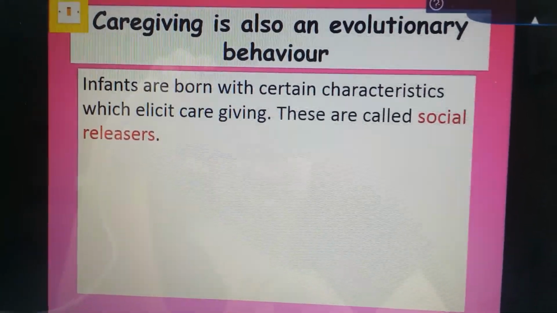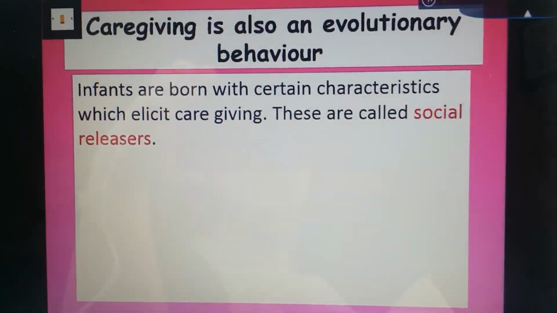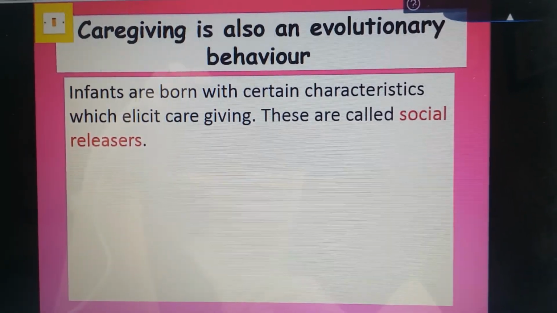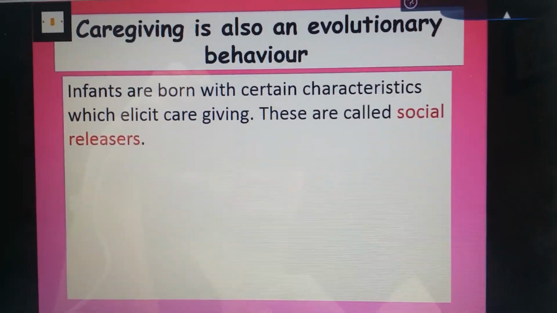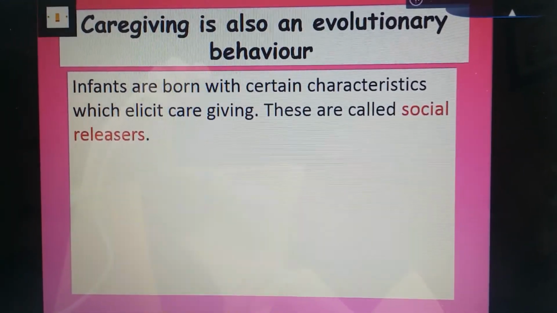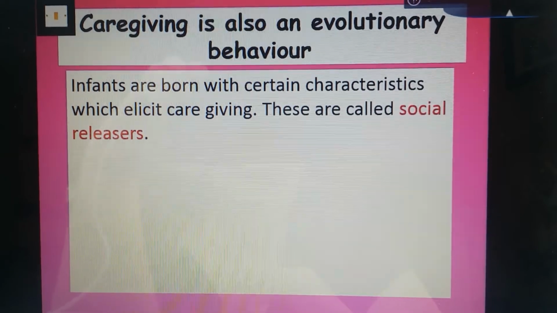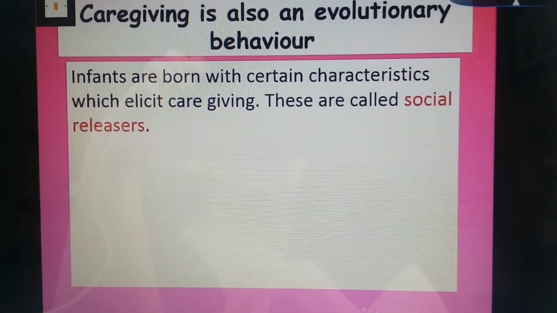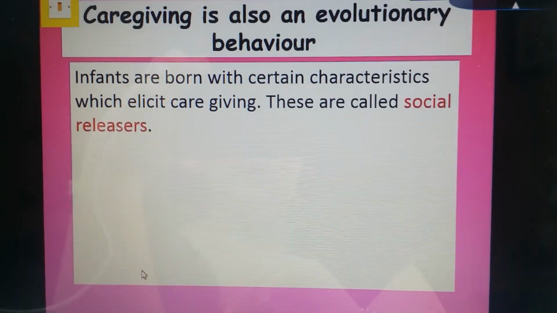Caregiving is also an evolutionary behaviour, and this is because infants are born with certain characteristics which elicit caregiving or lead to caregiving, and these are called social releasers. Social releasers such as smiling, laughing, having large eyes, so they could be physical or behavioural.